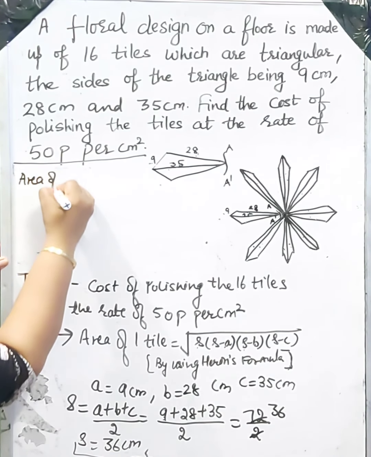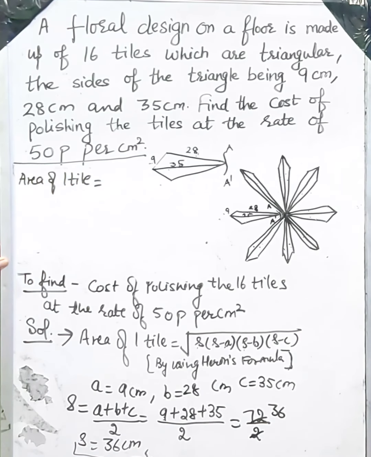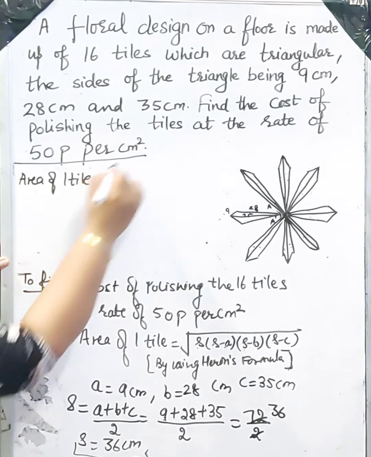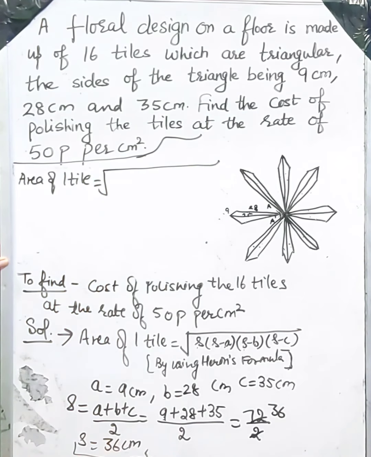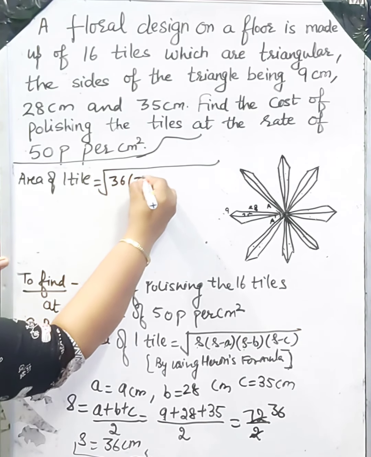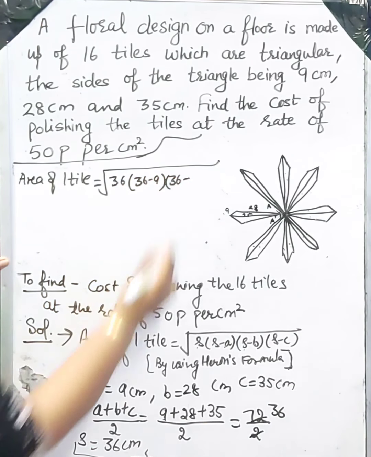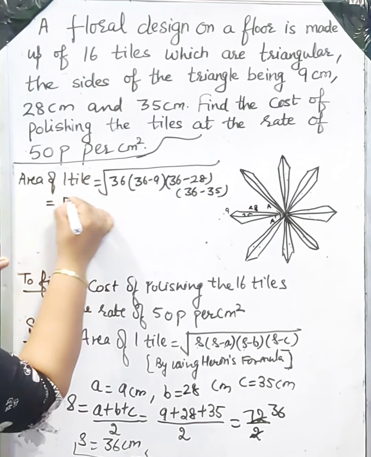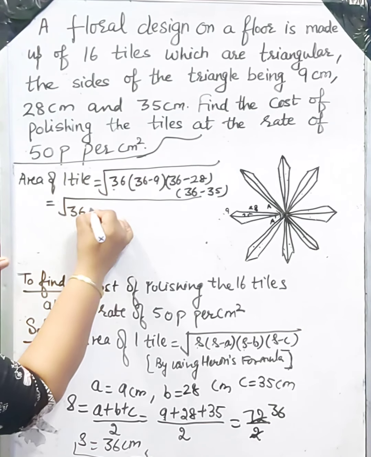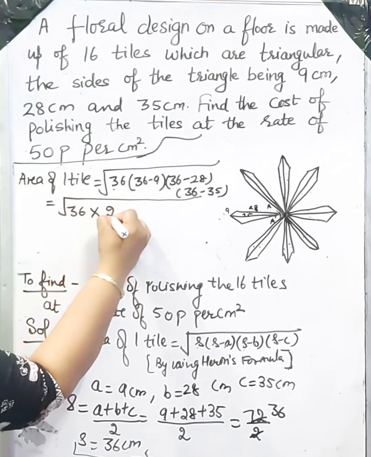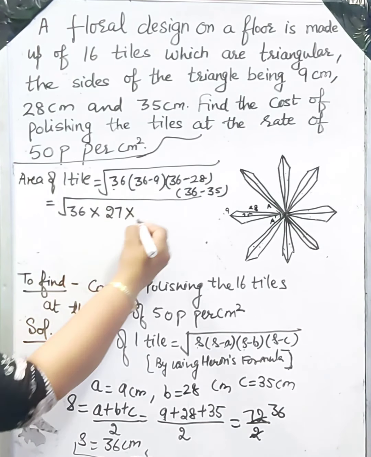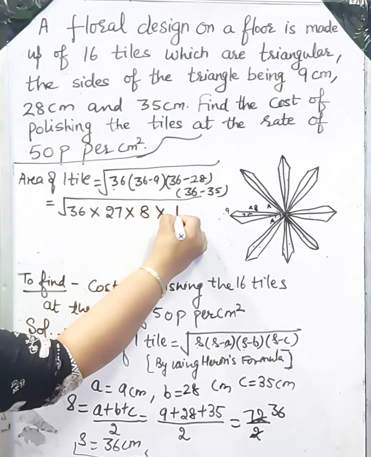Area of one tile equal to under root S into S minus A, S minus B, S minus C. Now next step, 36 minus 9 equal to 27. 36 minus 28 equal to 8. 36 minus 35 equal to 1.